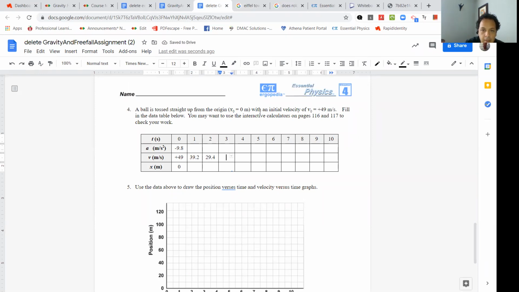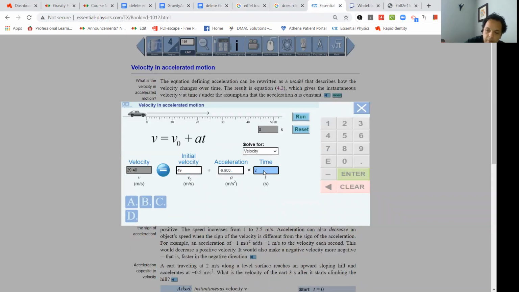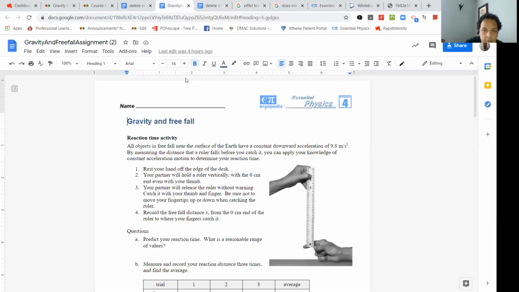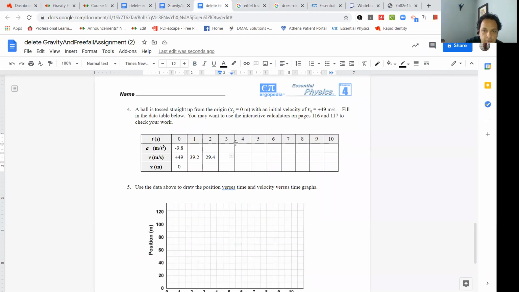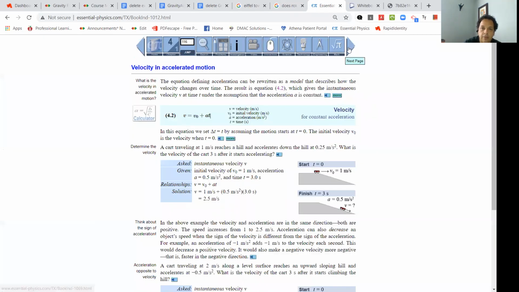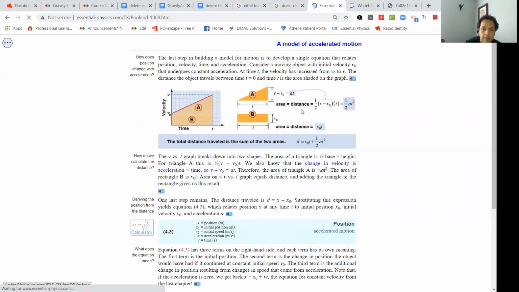Right? Last one. At time 3, I got 19.6. Okay, so that's velocity. Now, the next page has a calculator for distance.